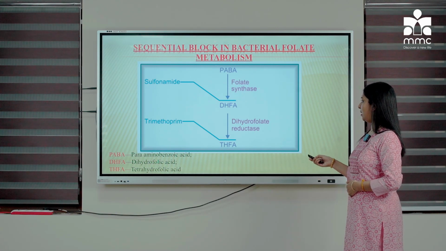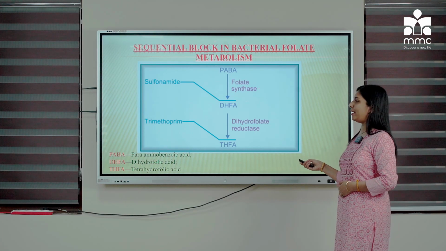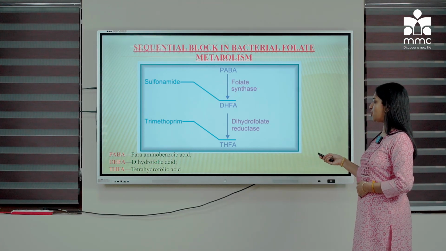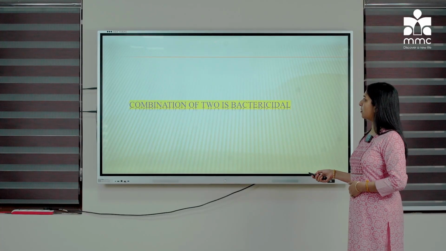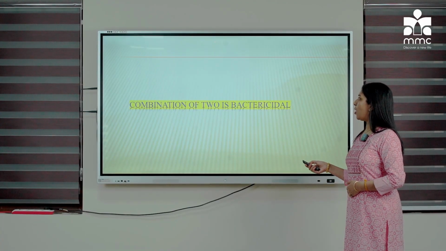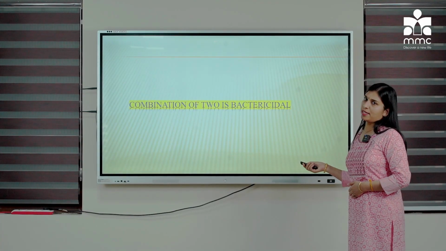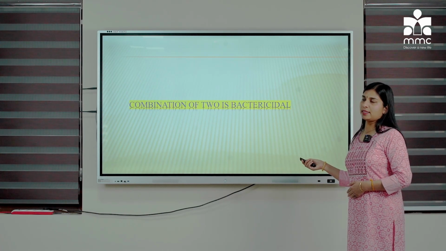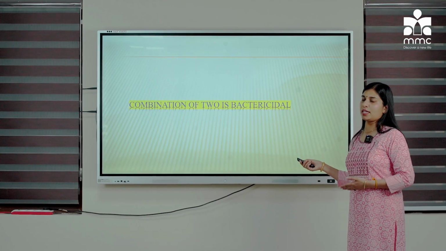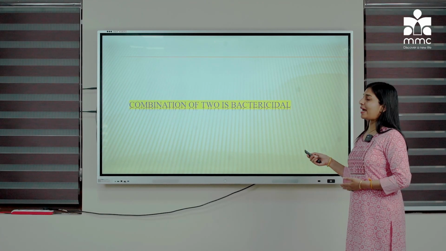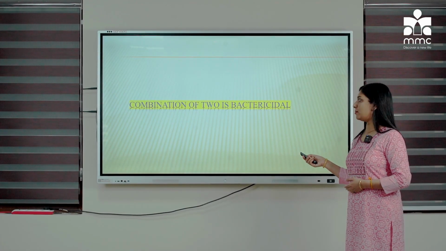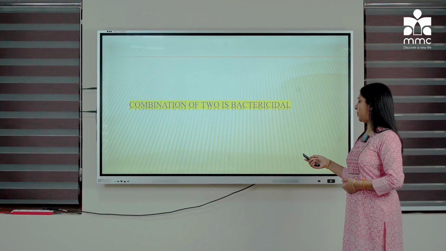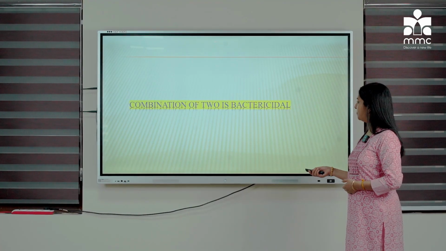Trimethoprim will inhibit the dihydrofolate reductase enzyme, which helps in the conversion to THFA. The combination of the two is bactericidal. Individually, each only gives bacteriostatic activity, which means it prevents the growth of the organism.